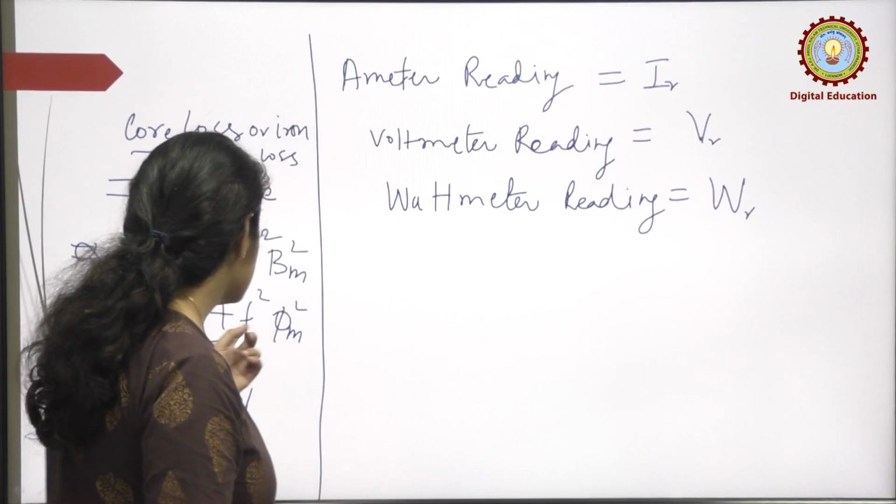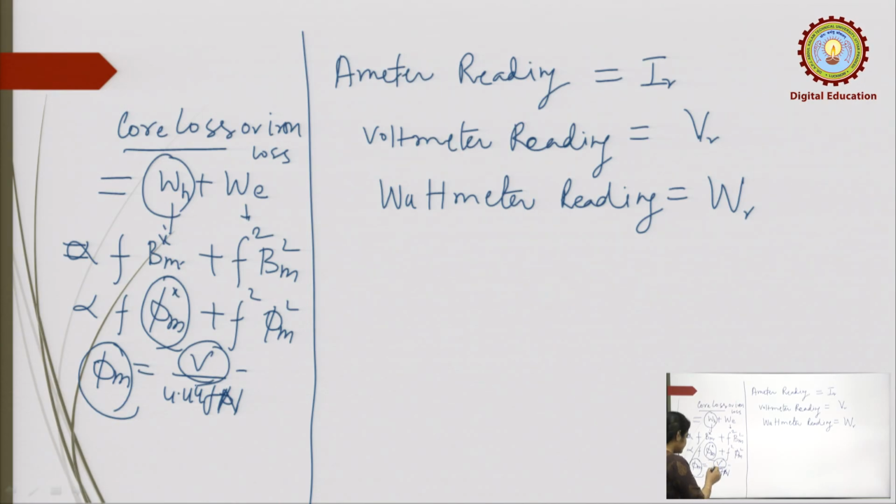So, the core loss is approximately proportional to V squared.